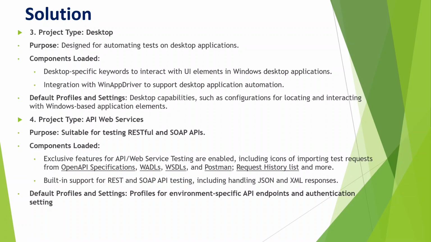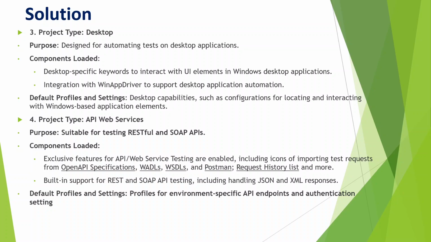And the fourth project type is API web services. The purpose of this project type is testing RESTful and SOAP API web services. Whenever you select this project type, exclusive features for API web services testing are enabled, including importing test requests from OpenAPI specifications, WSDLs, and Postman, a request history list, and more.